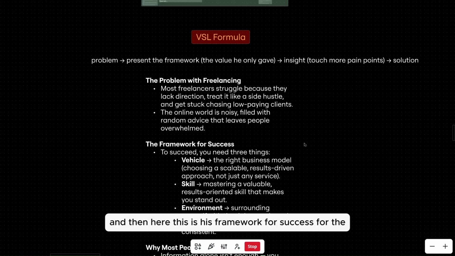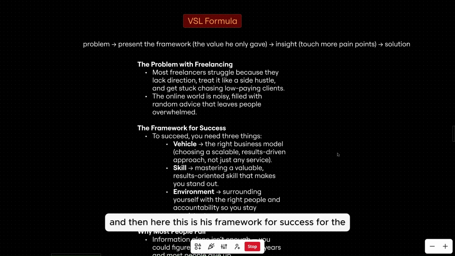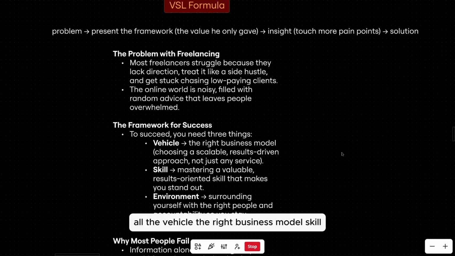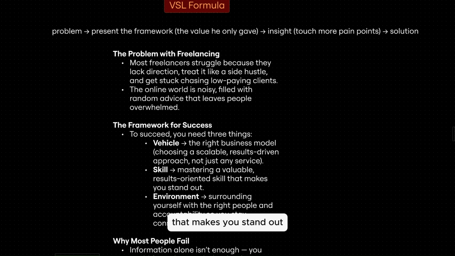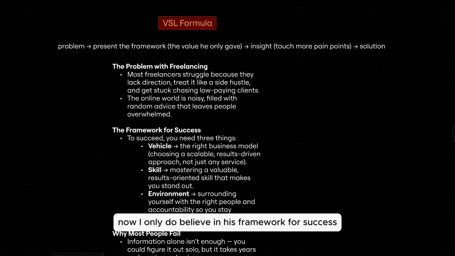And then here, this is his framework for success. First of all, the vehicle, the right business model; skill, mastering a valuable result-oriented skill that makes you stand out, which is the freelance branding that he's pitching; and then the environment, surrounding yourself with the right people. Now, I only believe in his framework for success regarding the vehicle and the environment, but I do believe there are other skills that a lot of people can learn apart from freelance brand scaling.